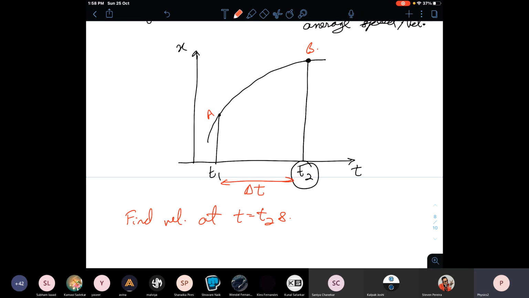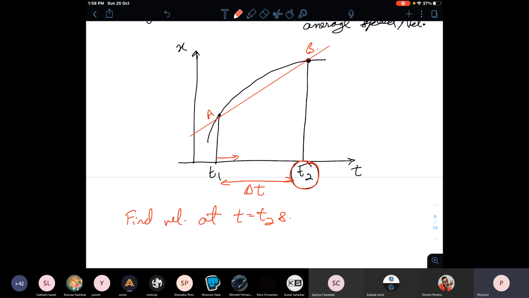ठीक है, so if we want to find instantaneous velocity, instead of it being over a time interval, if I want it at only t2, what I start to do is move this line towards t2. Earlier, the slope was being represented by this chord AB.